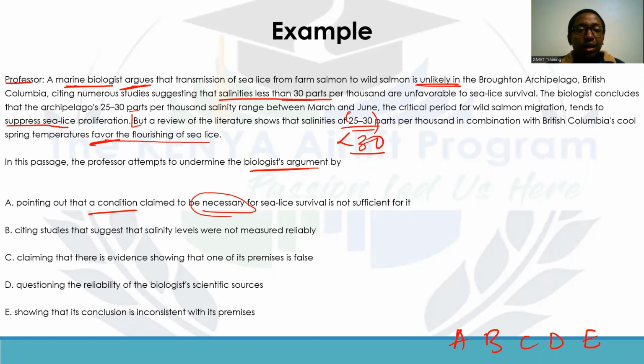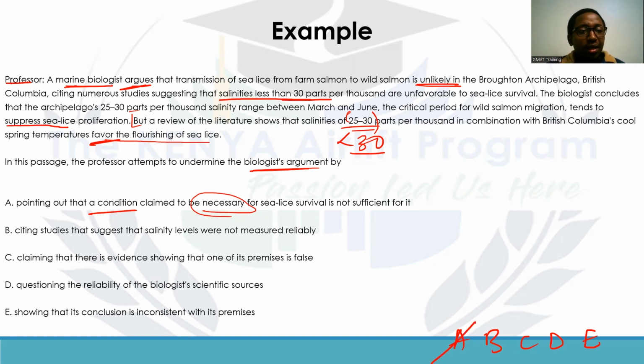So whatever condition was mentioned is unfavorable, not a necessary condition for survival, but an unfavorable one. It's kind of the opposite. So we know that the professor doesn't point out that a condition the marine biologist claimed to be necessary is not sufficient. Actually, the marine biologist did the opposite.